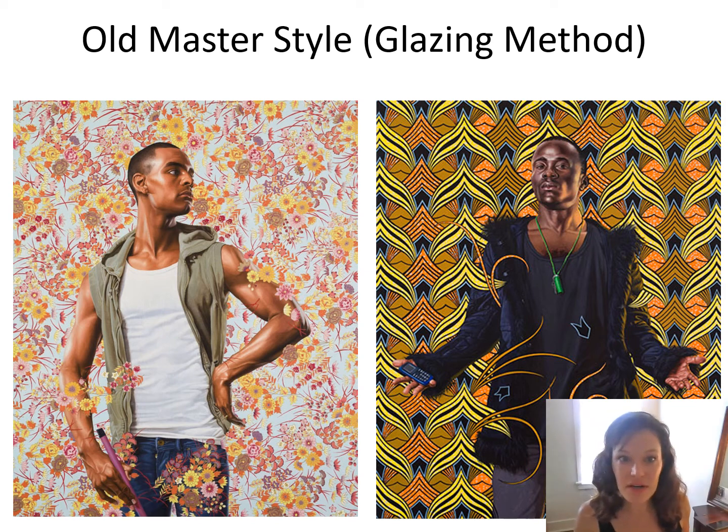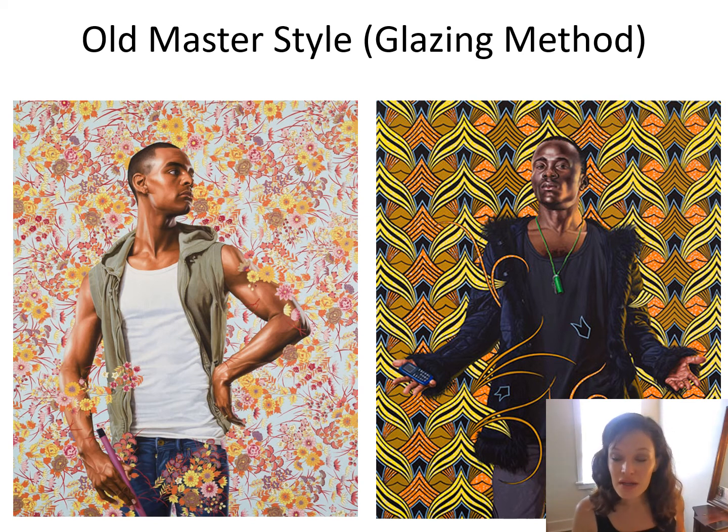And so here's an example of an artist who does that, Kehinde Wiley, and he uses this method partly because he is making a statement about the fact that, you know, a lot of Black people have been left out of art history, and so he's using an art historical technique, a European art historical technique, and also poses from Renaissance and Baroque paintings to create these. But he also uses it because it comes up with this very highly realistic finish.